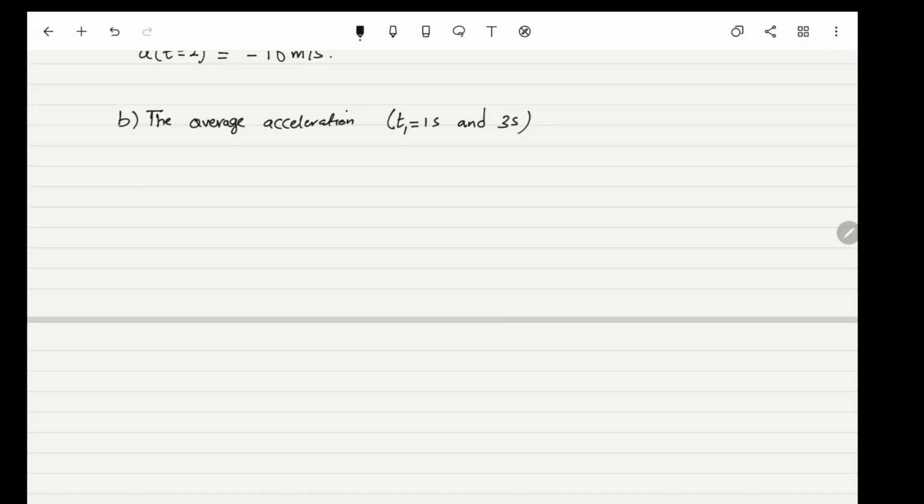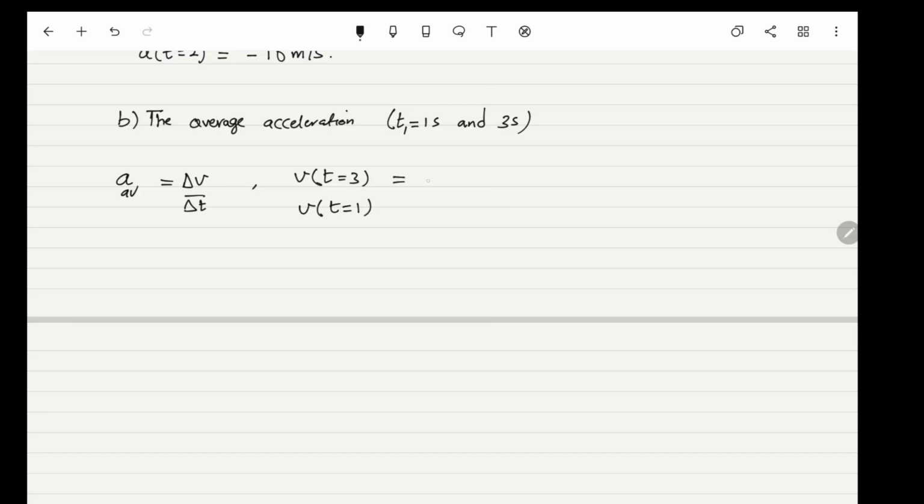Now the average acceleration for the time interval 1 second to 3 seconds. The average acceleration equals delta v over delta t. So we need to calculate v when t equals 3 seconds and v when t equals 1 second.